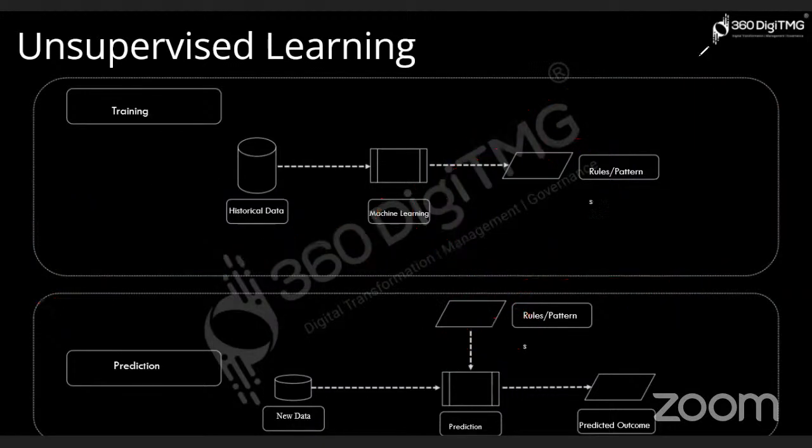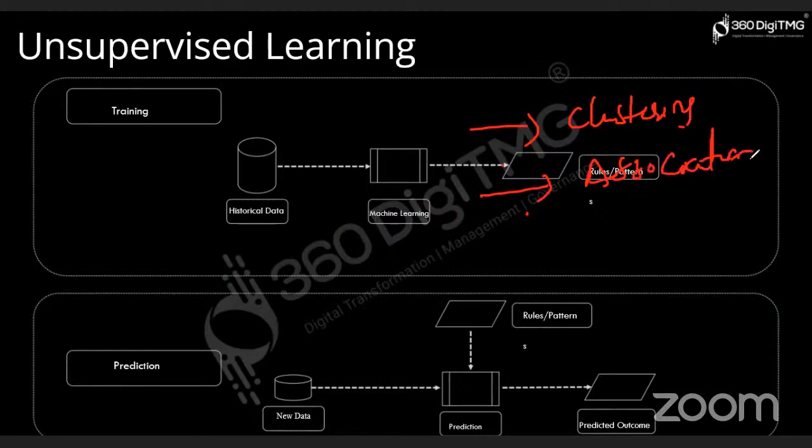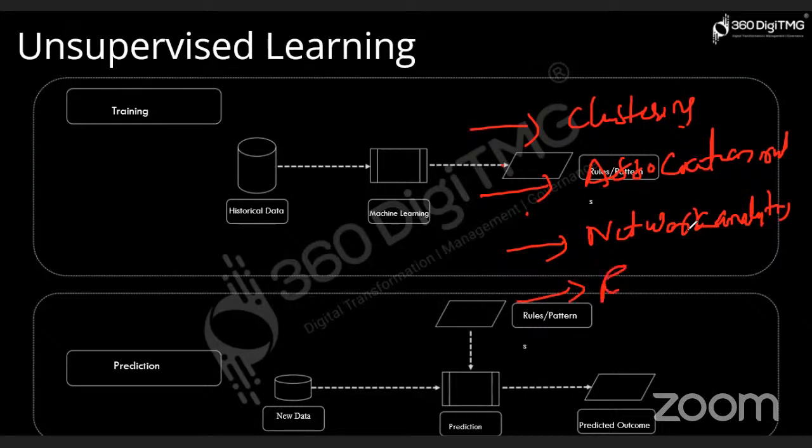In unsupervised learning, we have different models like clustering, association rules, network analytics, and recommendation engines.